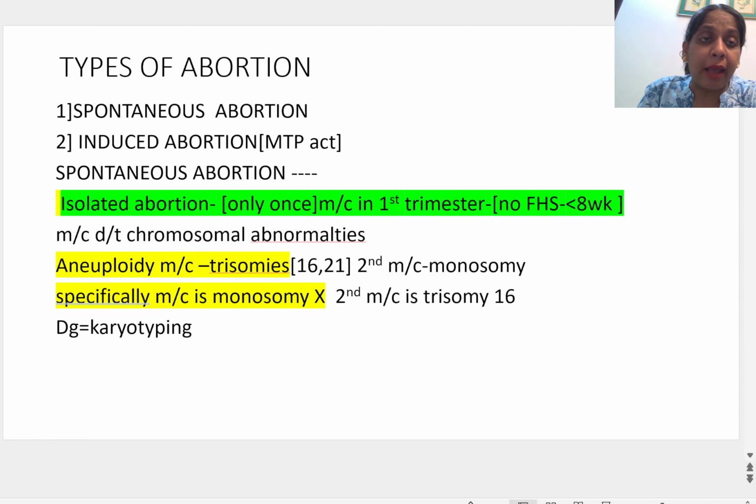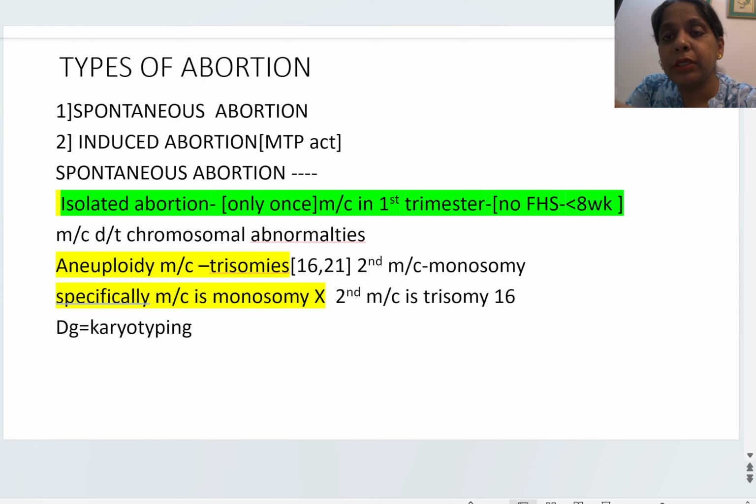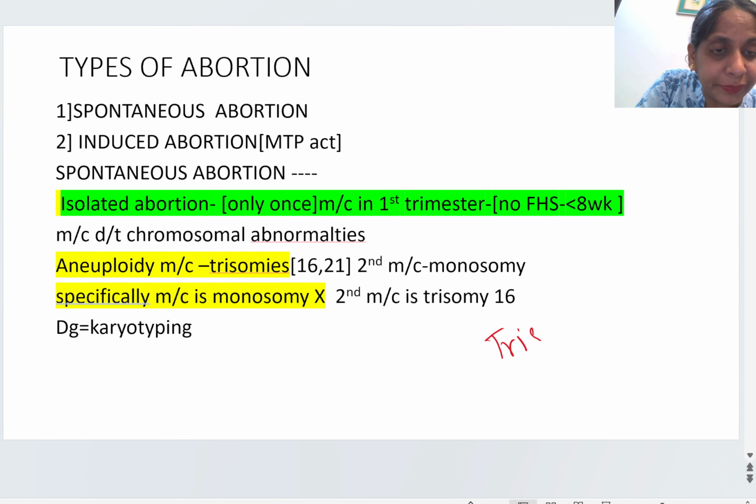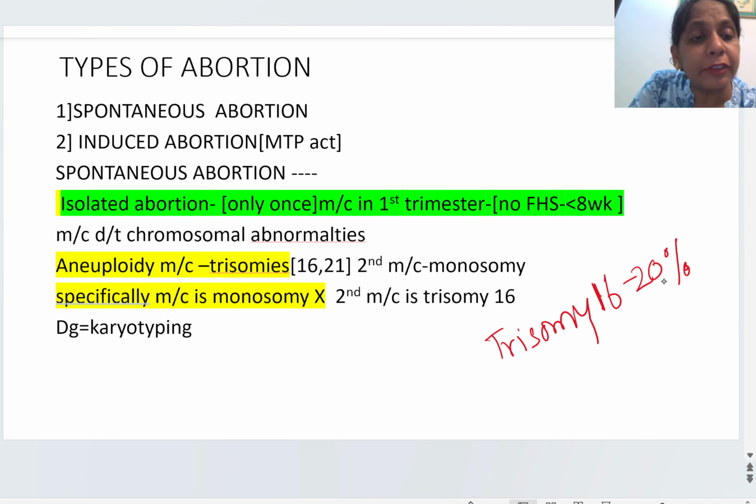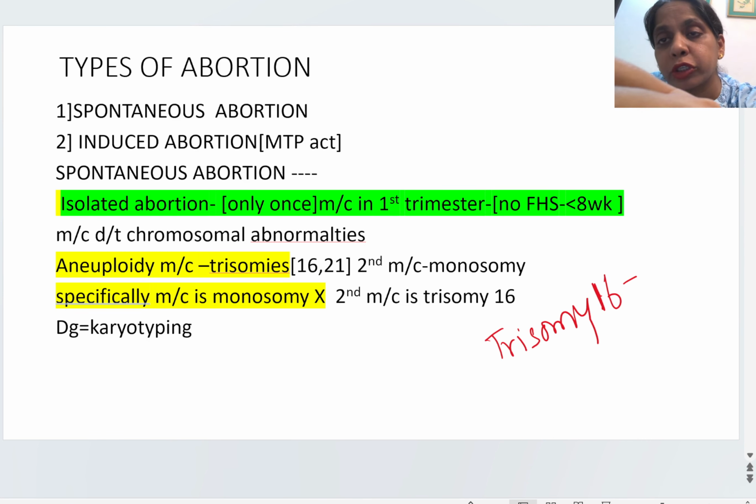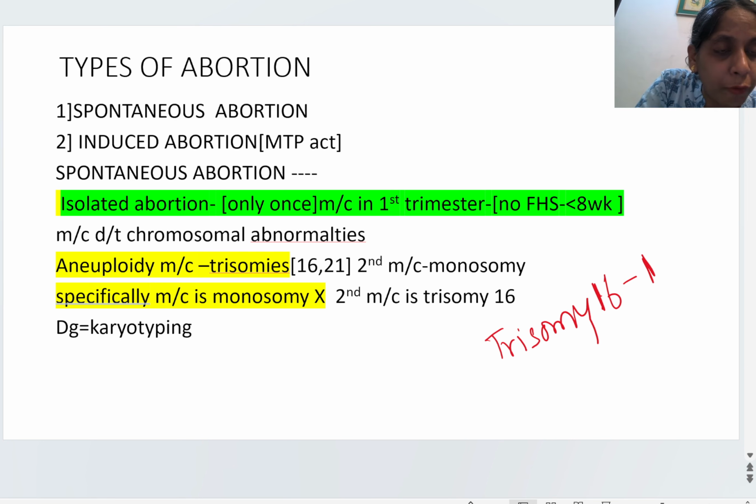If specifically they ask you whether trisomy 16 is common or monosomy X, then your answer will be monosomy X. Why? Let me tell you. Trisomy 16 comprises 15% of all abortions, only trisomy 16.